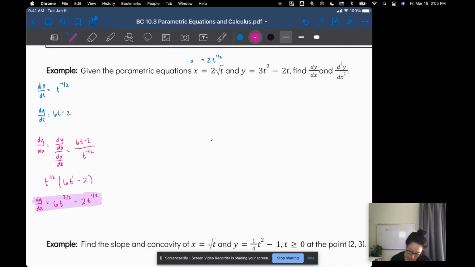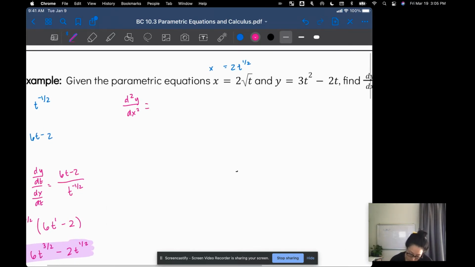So now we're going to find the second derivative, d squared y over dx squared, which can be written as the derivative with respect to t of dy/dx over dx/dt.